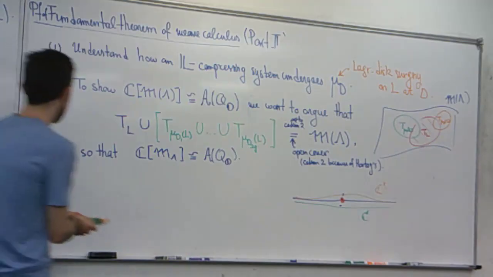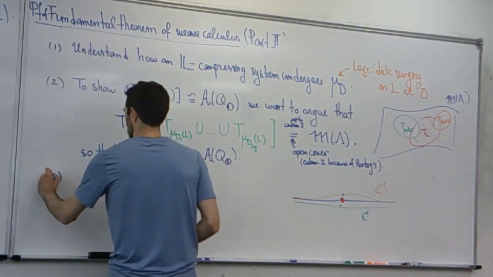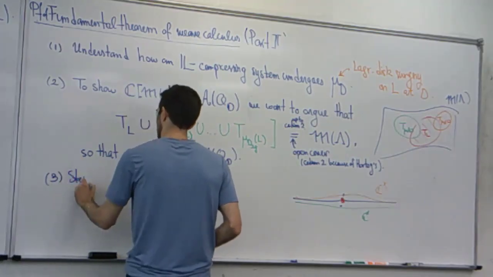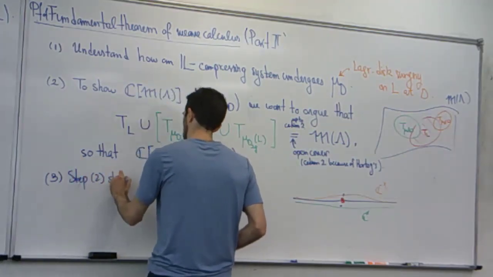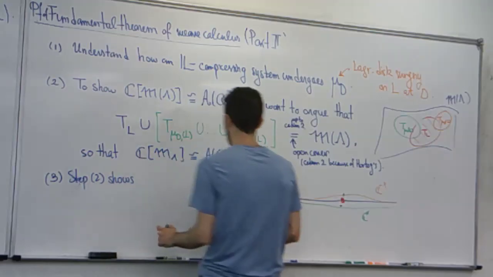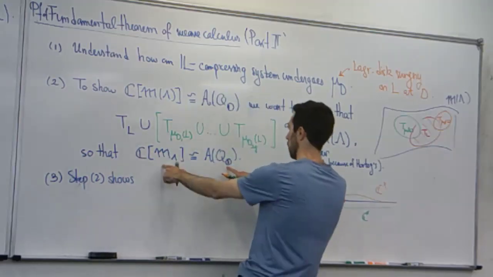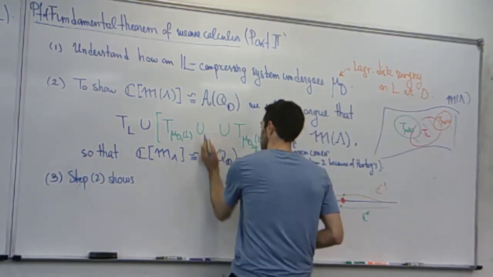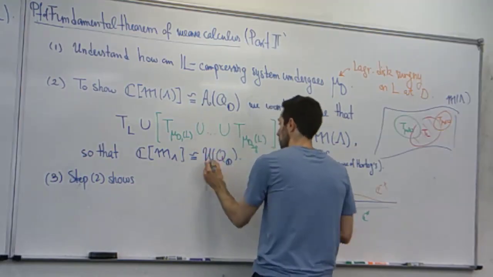And then finally, step 2 shows the following. Well, I should have been more precise. So this is U, which is very close.